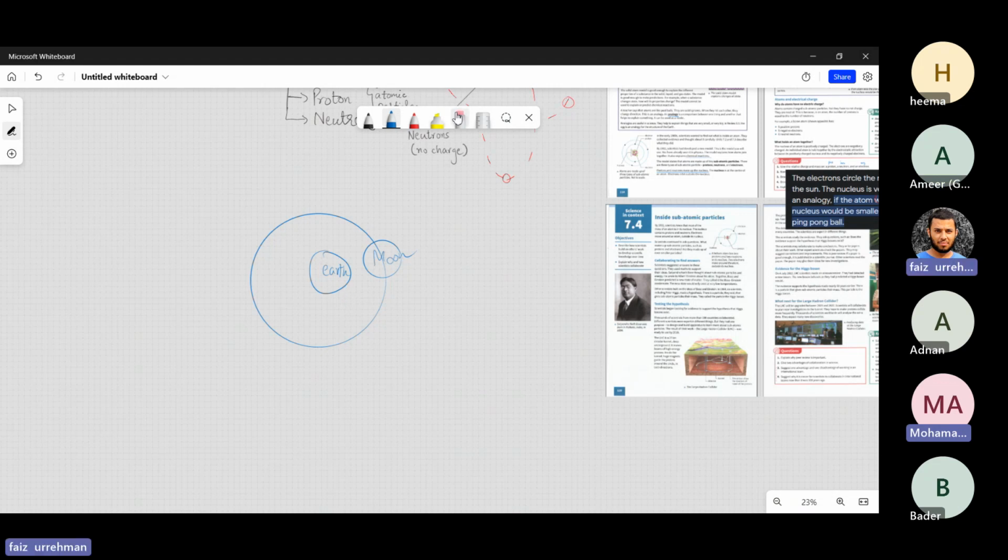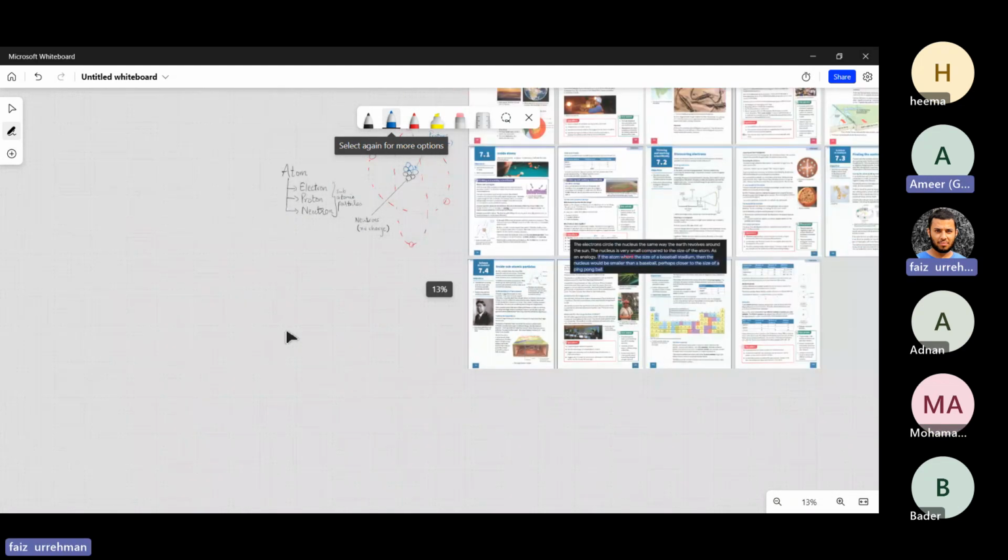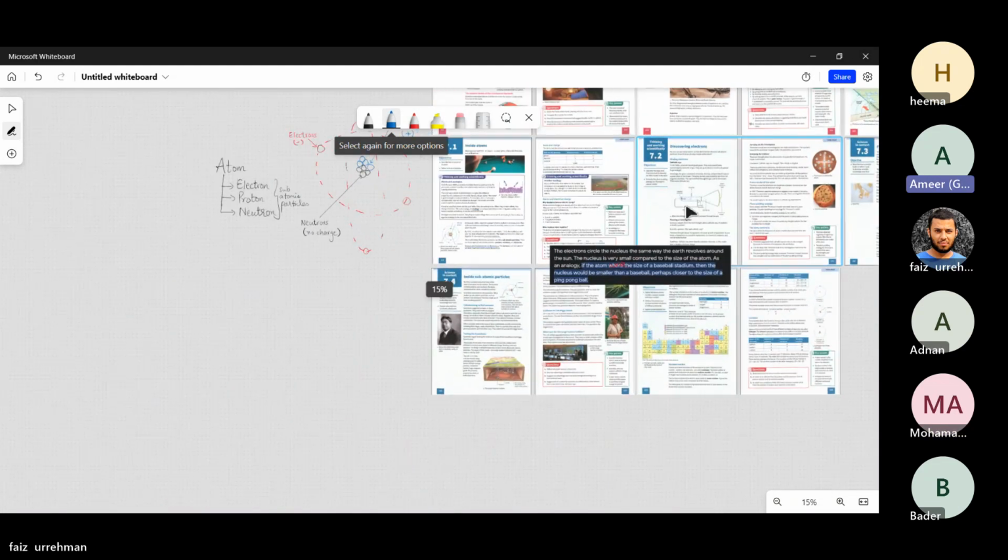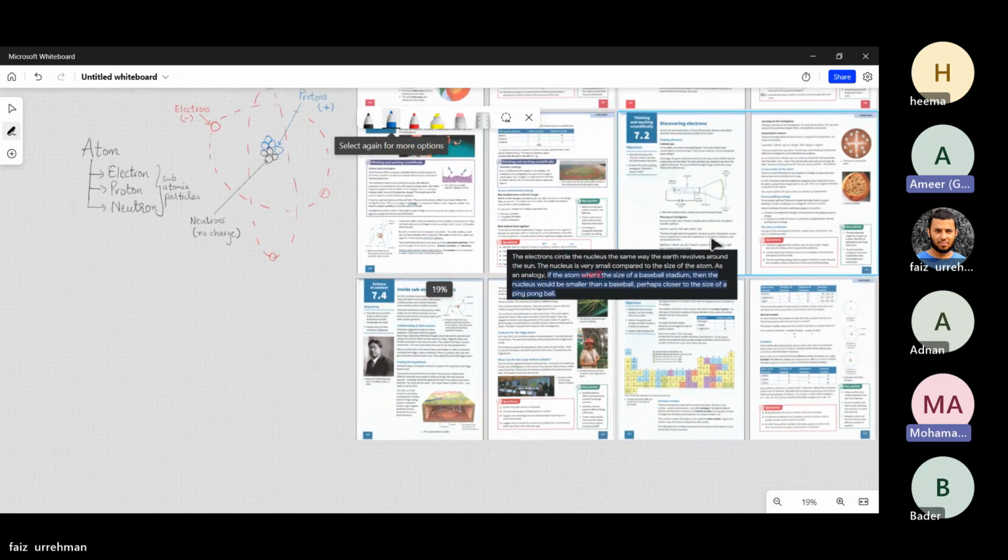You are using the moon for the electron size, yes, because the electron is very small compared to the nucleus. The same you can use for sun and Earth, but the sun is so big. It's not only a small nucleus.